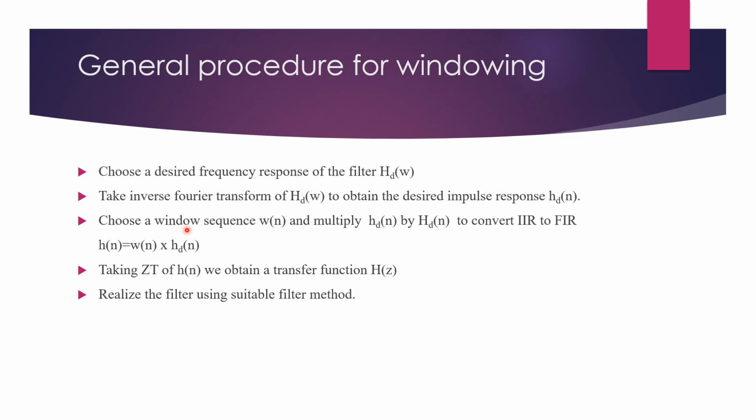Now choose the window sequence w of n and multiply h d of n by w of n to convert the IIR to the FIR, which is given as h of n equals w of n into h d of n. Now we'll be taking the Z transform of h of n so that we can obtain the transfer function capital H of z. Last step is to realize the filter using a suitable filter method.